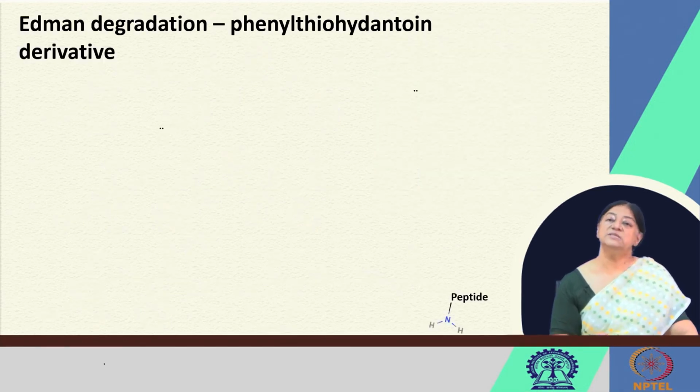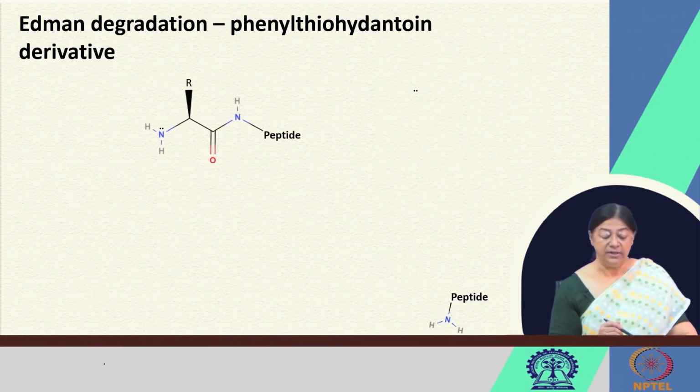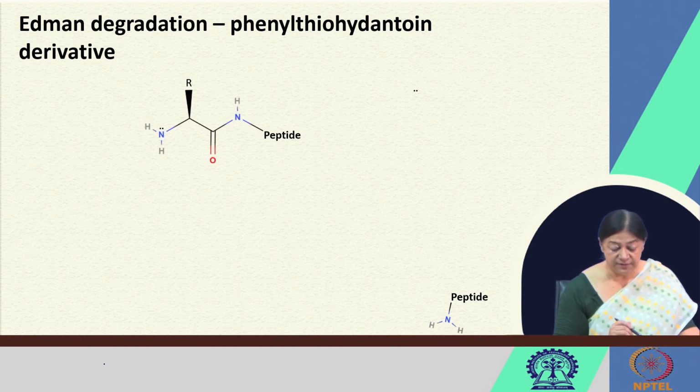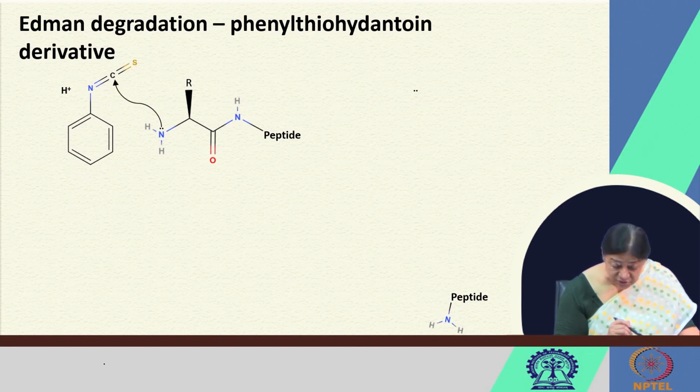Another method is known as Edman degradation, which forms what is called the phenyl thiohydantoin derivative. So, here we have the peptide, here we have a specific reagent that comes into the picture where we have a reaction.